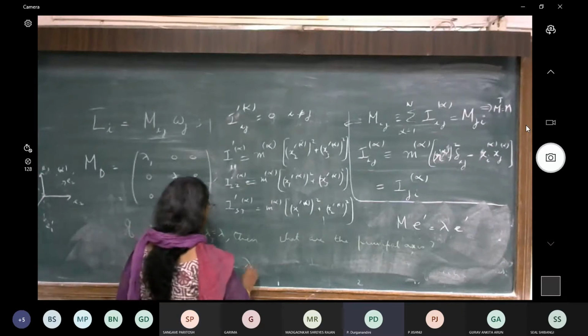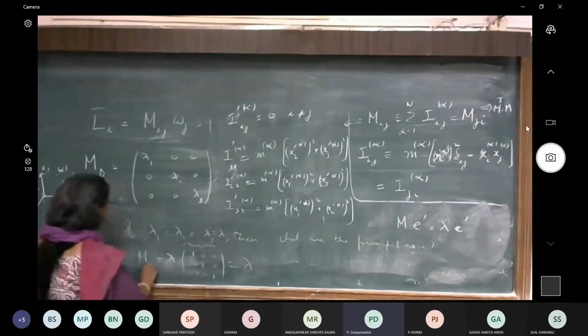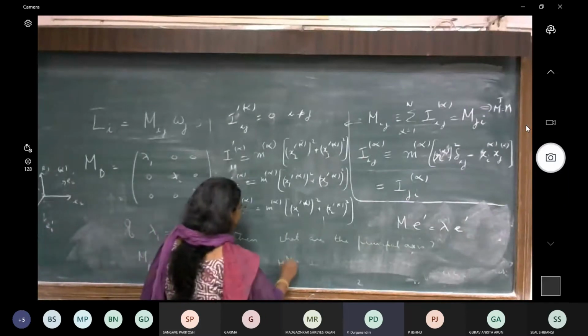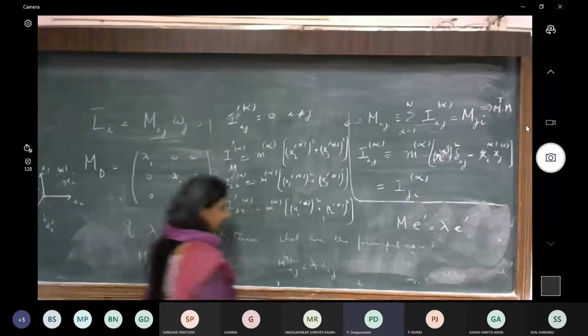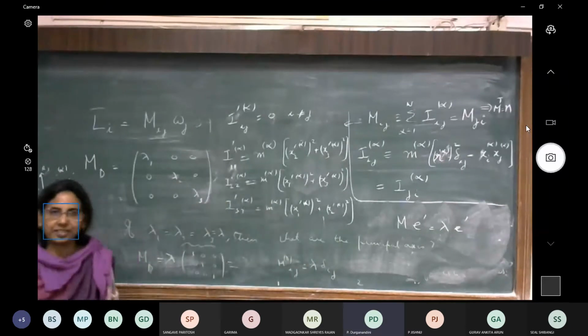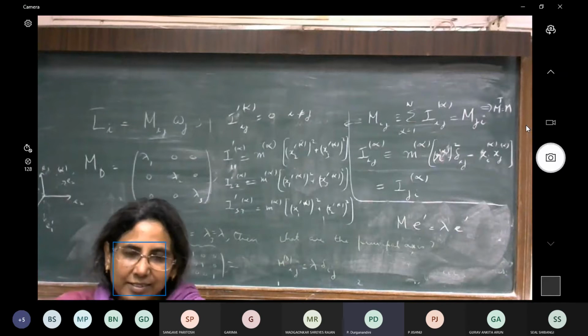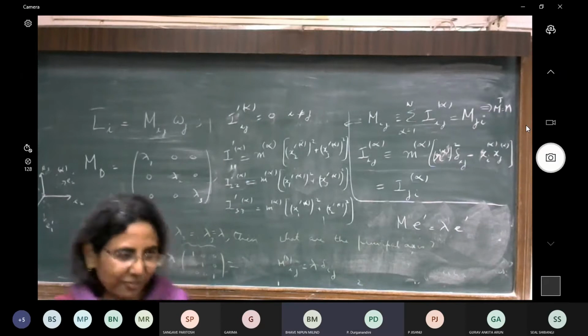But I want to write it in the form of a tensor. So you can see that your M diagonal ij is nothing but lambda times delta ij. What kind of a tensor is delta ij? Isotropic. It's an isotropic tensor. Very good.